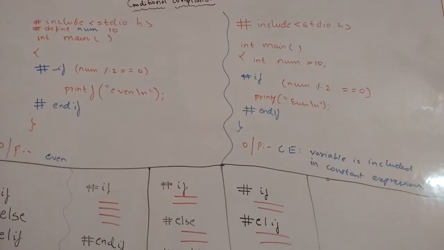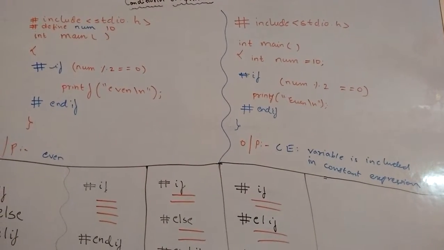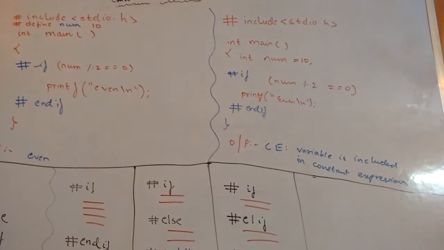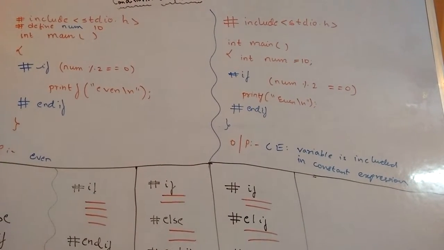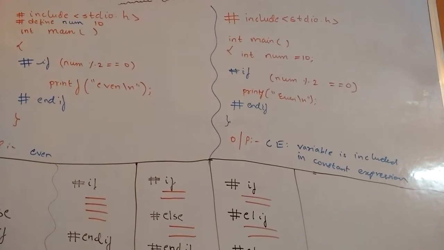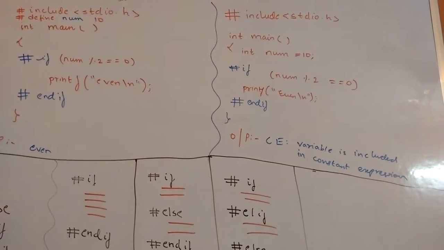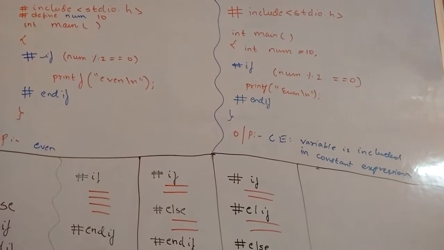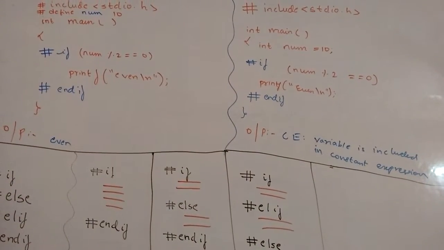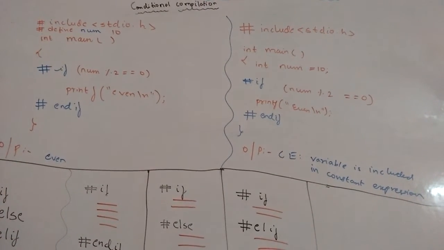Even though these two programs appear very similar, when I try to compile it, it will show an error. What is the error? The compilation error is: variable is included in a constant expression. That is, wherever a constant expression was expected, you have given a variable. That's what the compiler would tell. So we have learned how to use hash if and hash endif, but one limitation we have not yet understood.